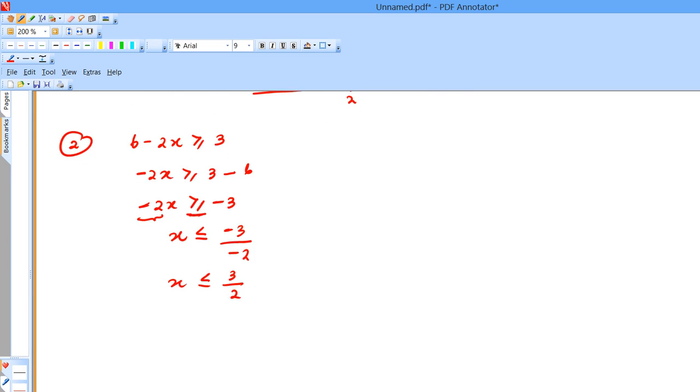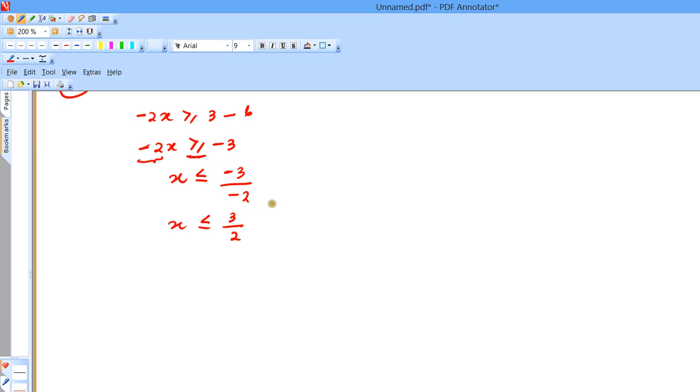Okay, this is the solution in inequality notation. So in interval notation or interval form, since we have equal in our inequality symbol, we will use a closed bracket.